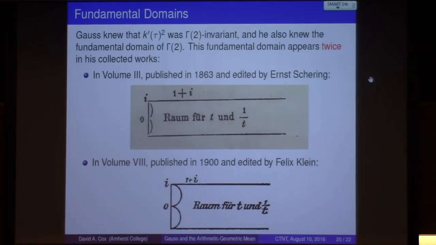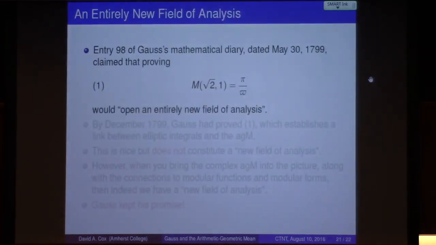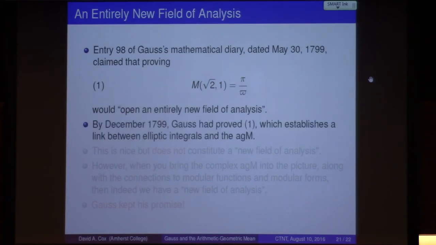So now to finish up, I have two more slides. The first one is just to go back to his first entry, where he noticed this, and he said that understanding this will open an entirely new field of analysis. So the question is, was he right? Well, let's think it through. By December, this is May, he had proved it, and so we actually got a link between elliptic integrals and the AGM.